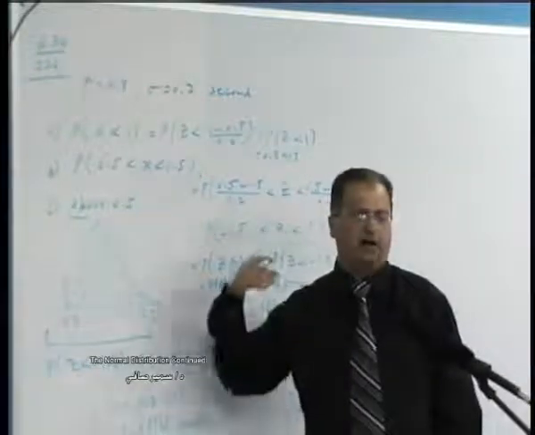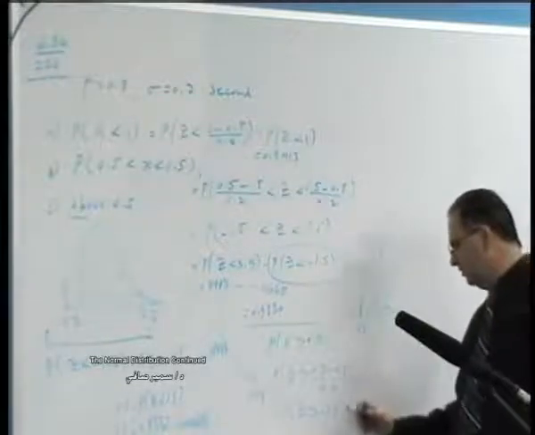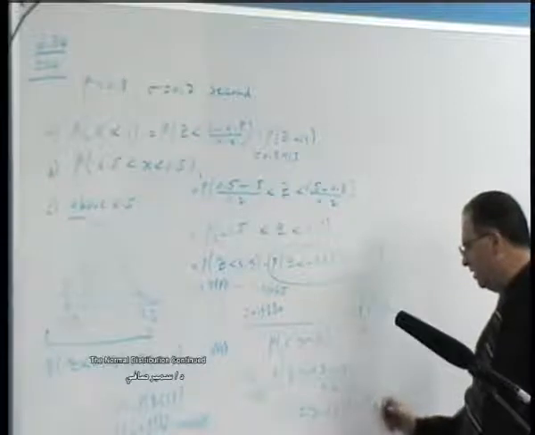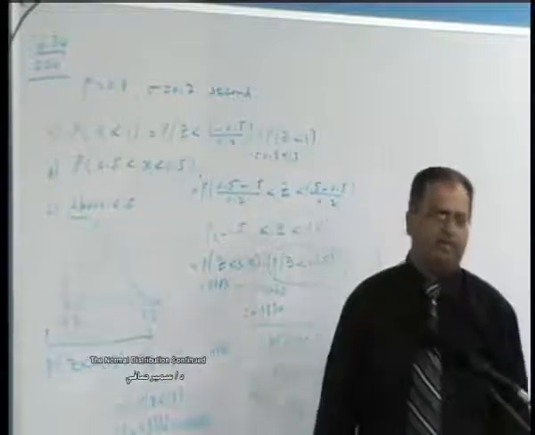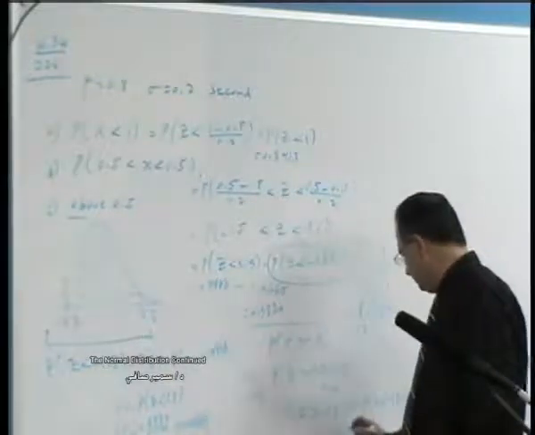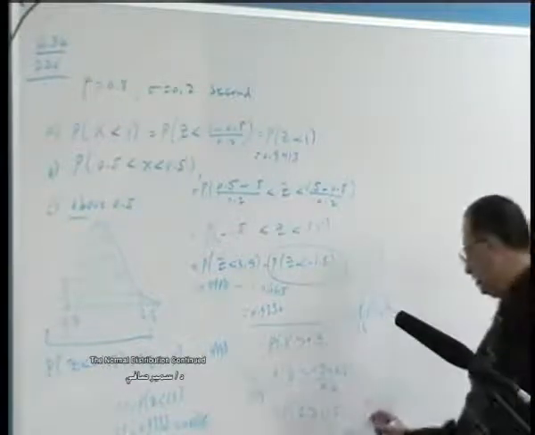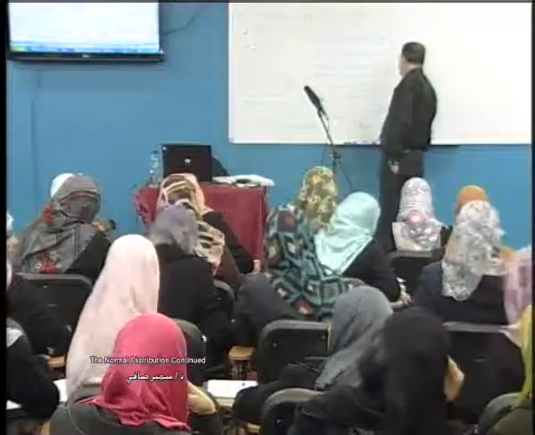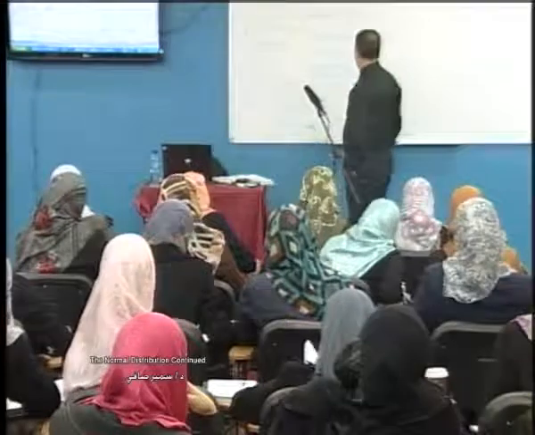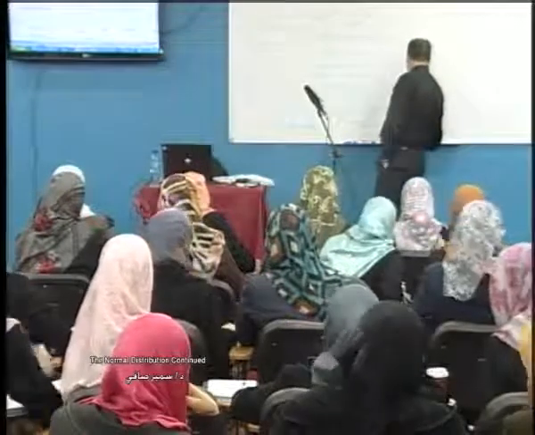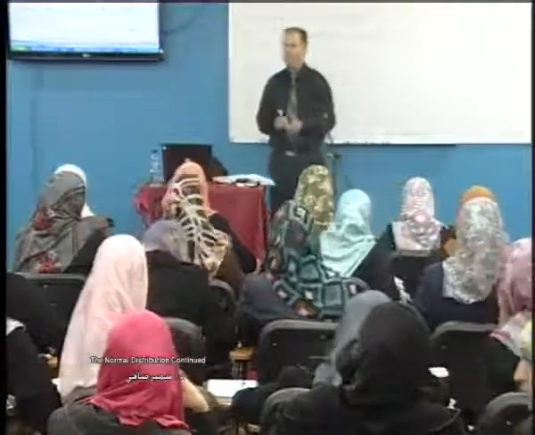Now the area above is 1 minus P of Z less than negative 1.5. As we did here, this probability is 0.0668. So the answer again is 0.9332. So that's for part C. Any question?